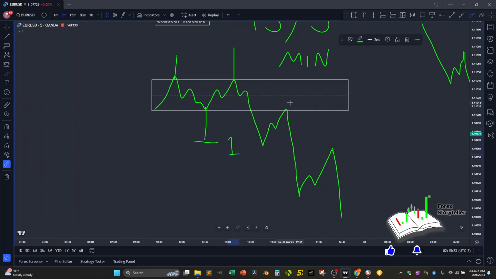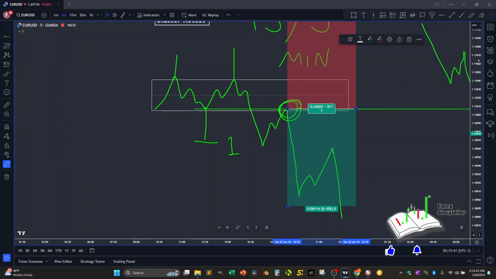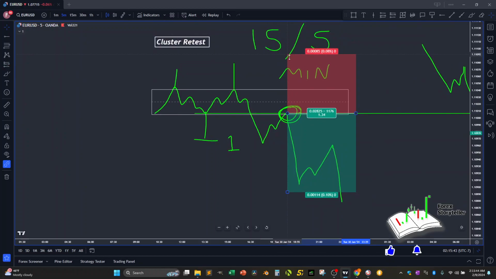And then number two, price will come back and immediately retest, and will usually line up right on the closing area of the bottom of this zone. That is where you're going to find your short entry to be the best. If you have a little bit of a spread, you may want to go a little bit below.